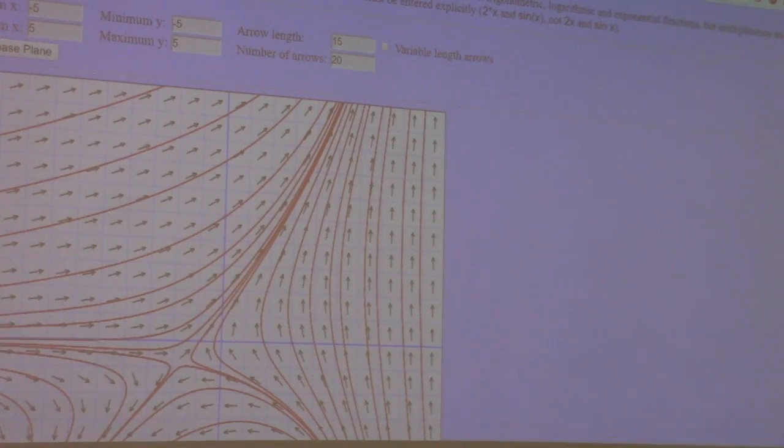Negative 3x minus 2y minus 4. Okay. And let's see here. We're looking at minus 5 to 5. Where was the critical point? Minus 2, 1. So it should be in there. Okay.